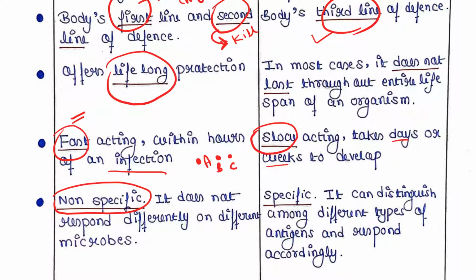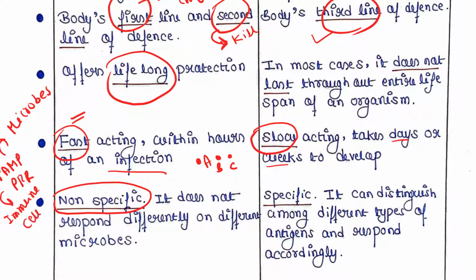because innate immunity works through PAMPs and PRRs. PAMP is the pathogen associated molecular pattern that is found on the surface of microbes. And PRR is the pattern recognition receptor that is found in the immune cells of our body.